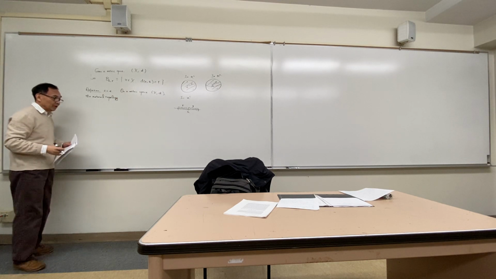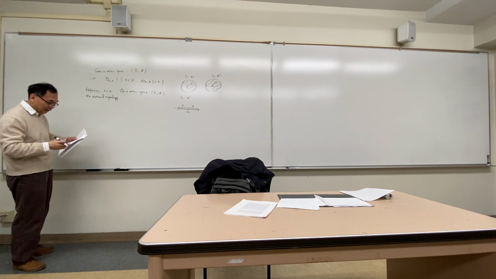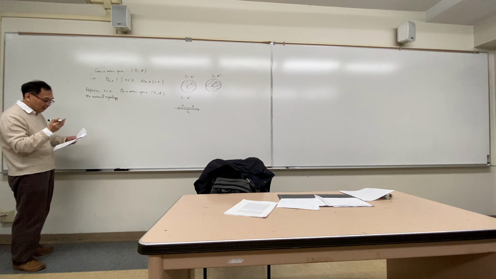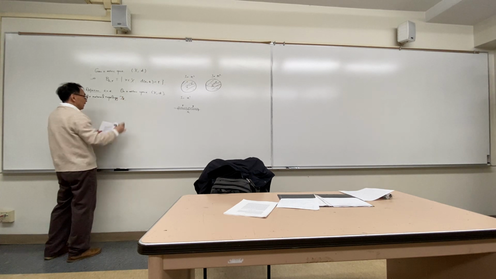What is the natural topology? Actually, you can think of this as the collection of open sets. We think of it as the collection of all the open sets, and then we call it T_d.